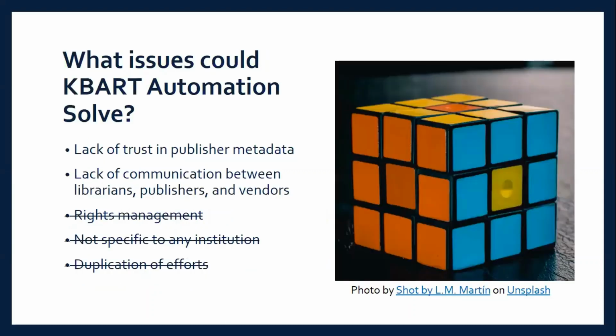So KBART automation has solved some of these problems, or could, in theory. But one of the problems that it does not solve is the lack of trust in publisher metadata. Problems that begin at the beginning of the life cycle will not necessarily be caught by the KB or the librarian. And what this doesn't do is solve the lack of communication between the different interested parties.